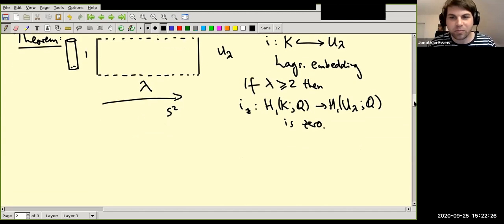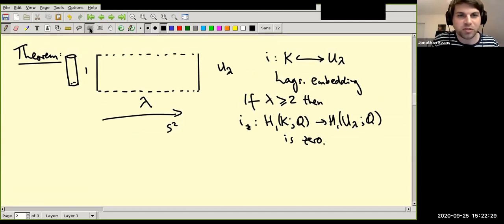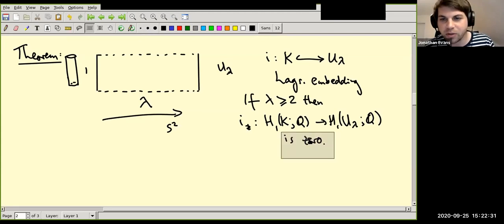There's only 2 things this map could be. It could be 0 or it could be an isomorphism. I often get them mixed up.